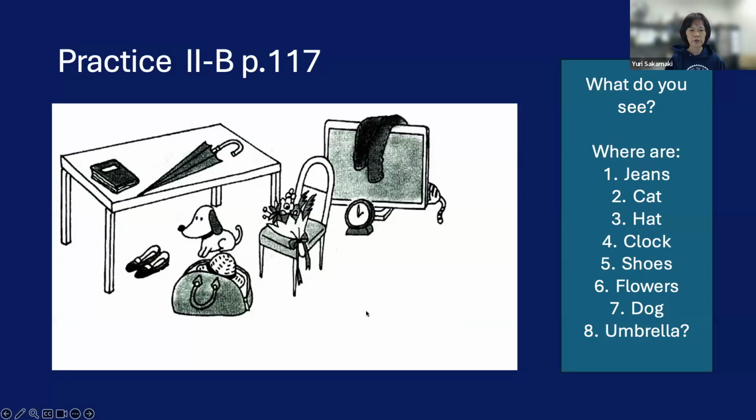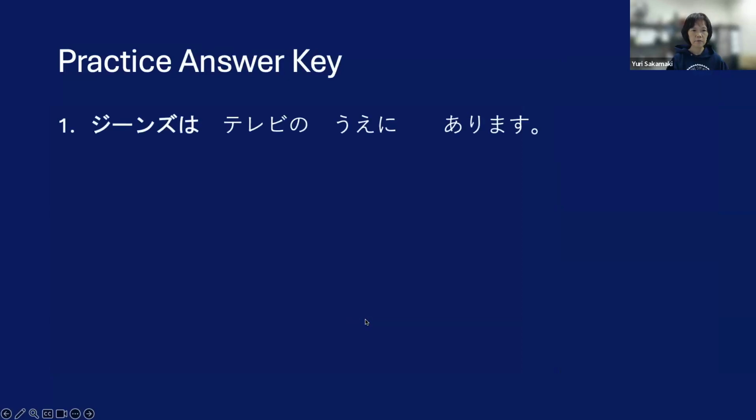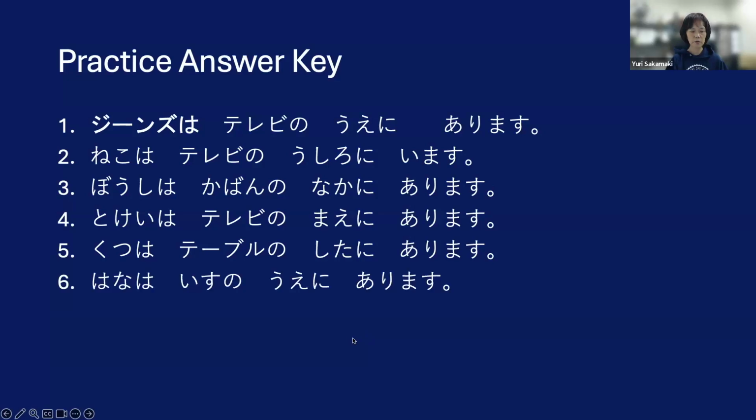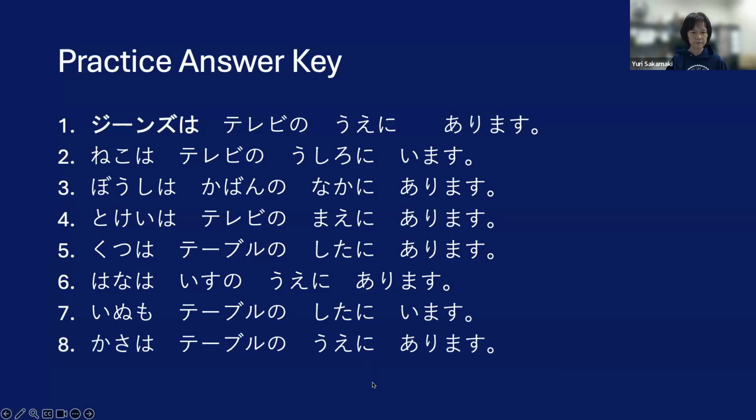And if you can explain where each item is, that would be a great practice. And I wrote out the answer for the picture just before this as well. So after you work on it, you can also check your answers with this slide.